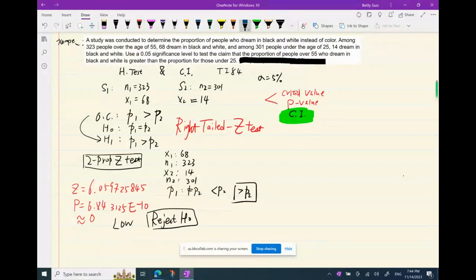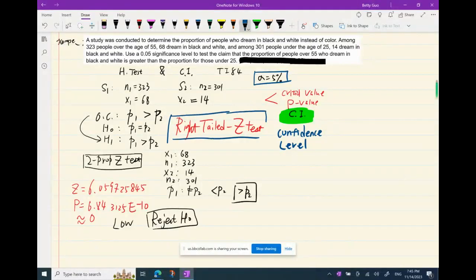We would have to figure out what the confidence level is. What is the significance level? Significance level is 5%, and the test is a one-tail test. Now I'm going to ask you, what's the confidence level supposed to be? Is it going to be 95% or just 90%?